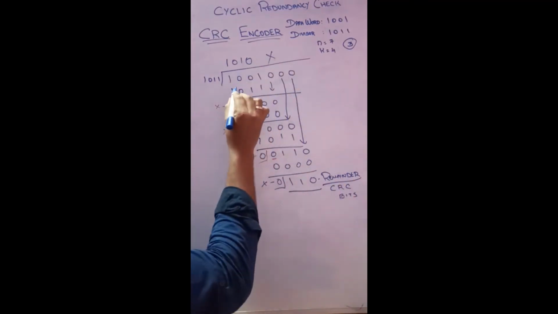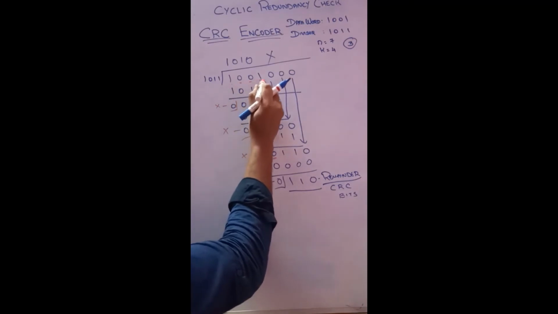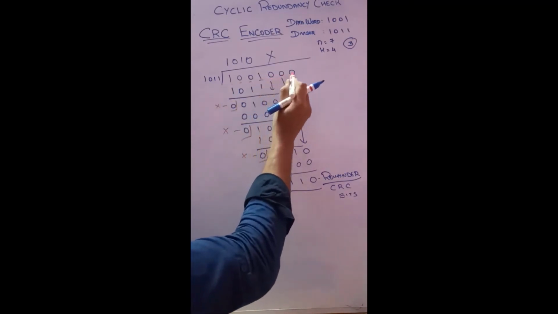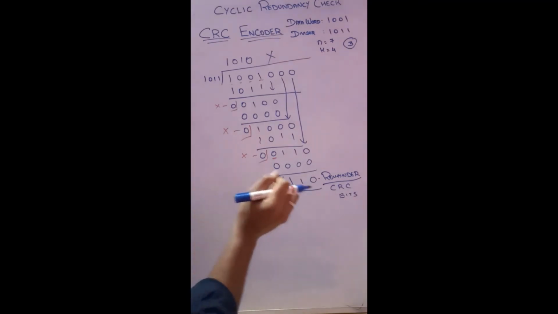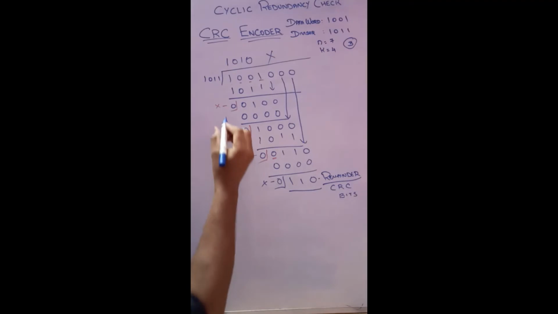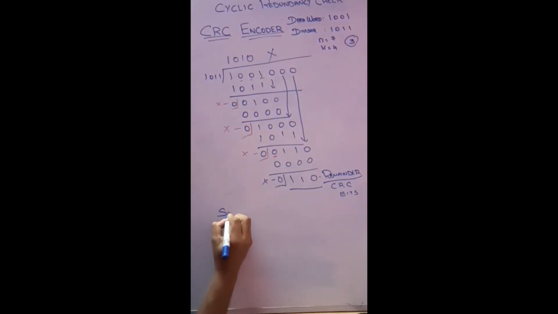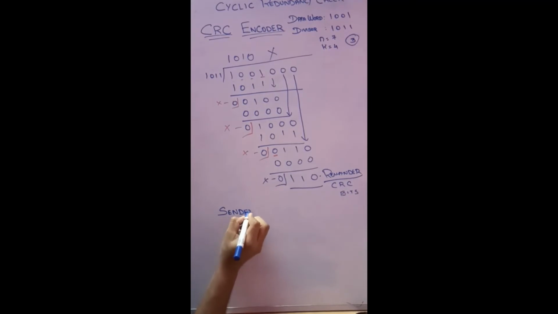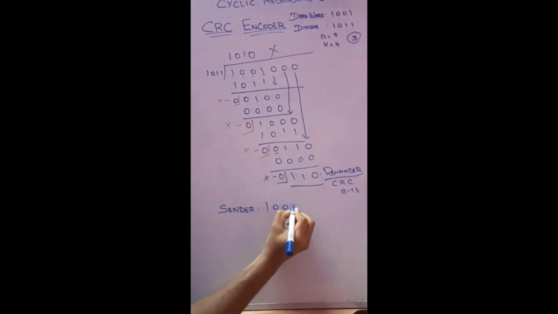So we already know the data word is 1001, and we augmented 3 bits of zeros during the modulo 2 division. Now the actual data word to be transmitted from the sender side is 1001.